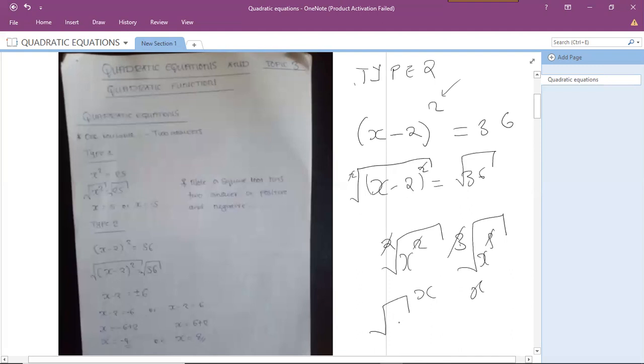If it was x to the power 4, you take the fourth root of both sides, so that cancels, and x remains alone. I think that's a better way of explaining why we are square rooting both the left-hand side and the right-hand side.